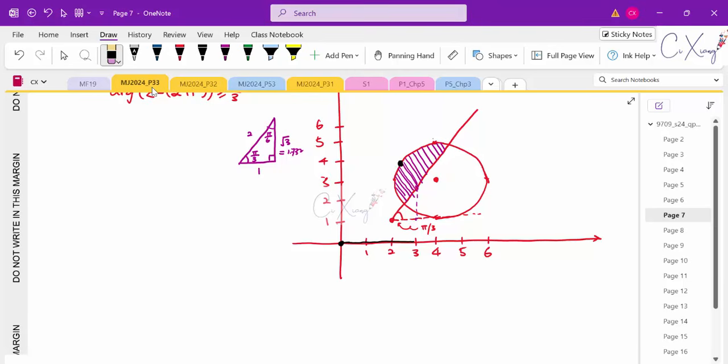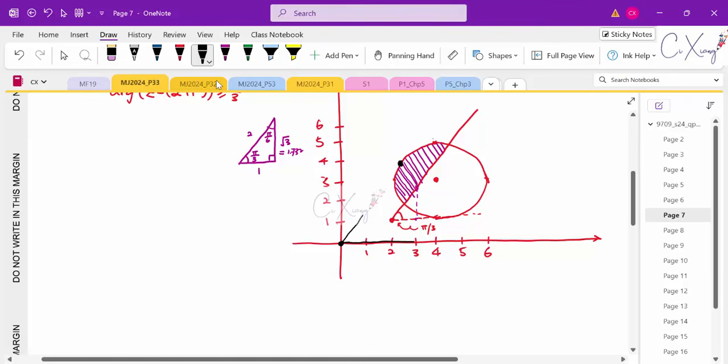Okay, but I just know that the last point that your ruler touches the shaded area will be roughly this part. Okay, so from here, you know that this is the last point that your straight line touches. Sorry, I need to draw a line here. Which is somehow a tangent of the circle at this particular point.